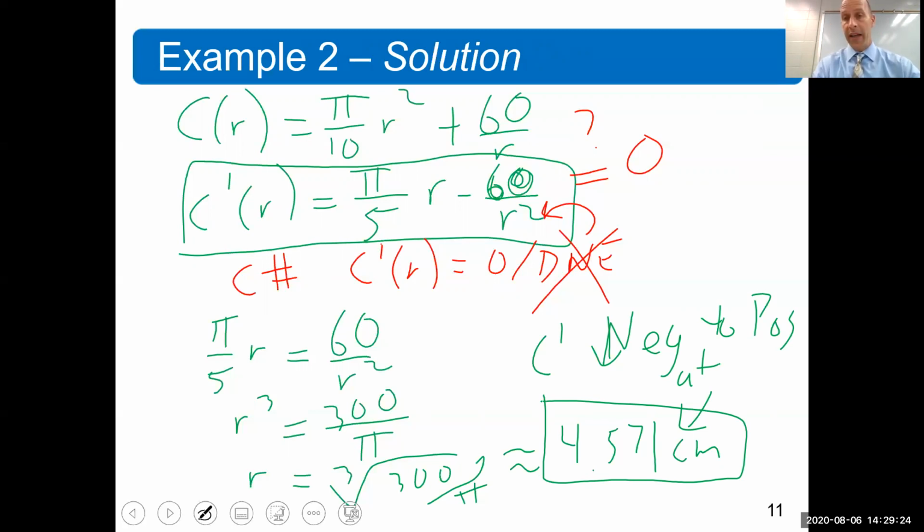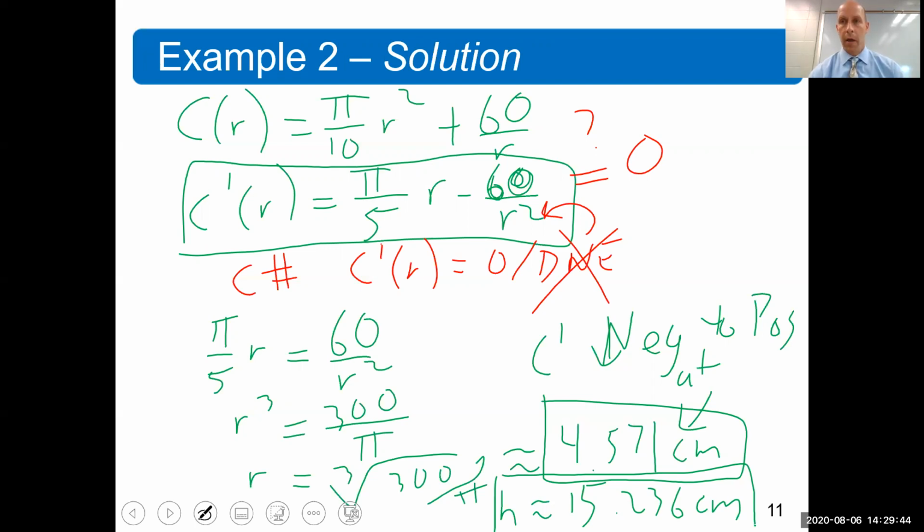Then the h, you would just do a substitution, and I'm going to go to 3 decimal places on this one as well, is 15.236 centimeters. Okay, so these are the dimensions of this can to minimize the cost.